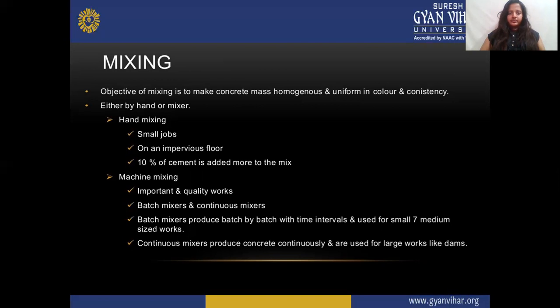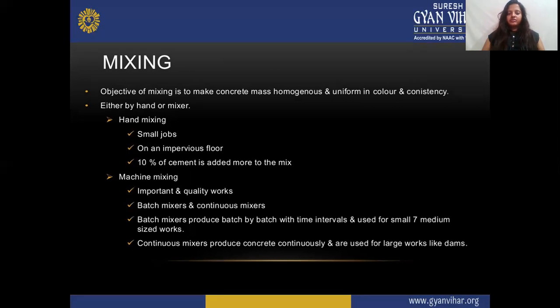Usually a labor is employed to mix the concrete at the site of construction on an impervious surface. So usually we place a membrane or a sheet on top of which all the concrete is mixed, and 10% more cement is added to achieve the desired grade, because it is mixed by hand and proper mixing cannot be achieved.